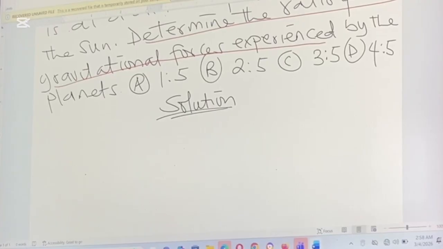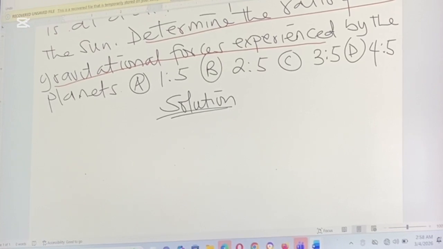Newton's law of universal gravitation states that any two bodies of matter attract one another with a force which is proportional to the product of their masses m1, m2, and inversely proportional to the square of their distance.